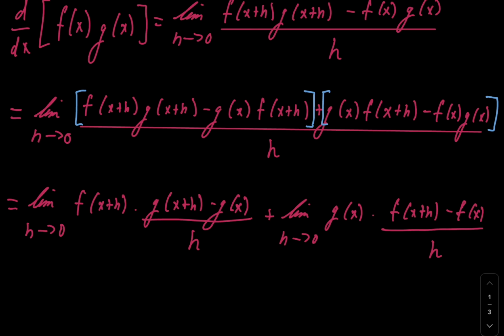Now the next step is we're going to write four separate limits, because the limit of a product is equal to the product of the limits, provided that each of the limits exists. And I probably should have mentioned up here, the limit of a sum is equal to the sum of the limits, provided that each limit exists, and they do exist.